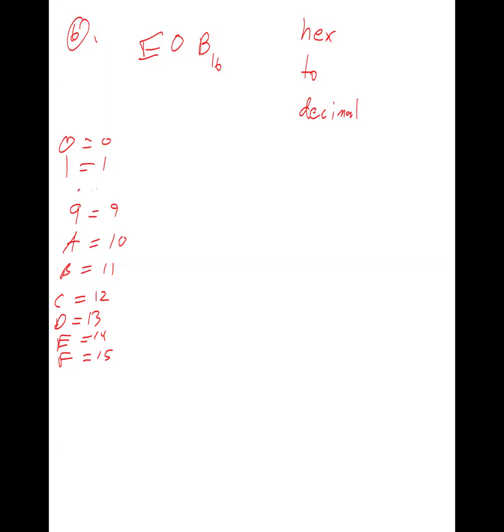And by the way, this is the ones place. Every base system starts with the ones place, but then the next place represents whatever the base is. Hex means base 16, so the next place after the ones place is the 16s place.